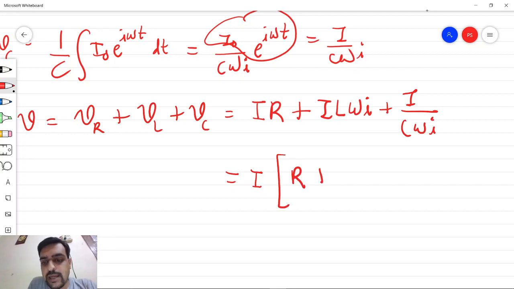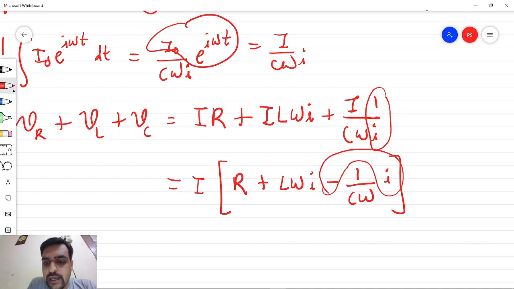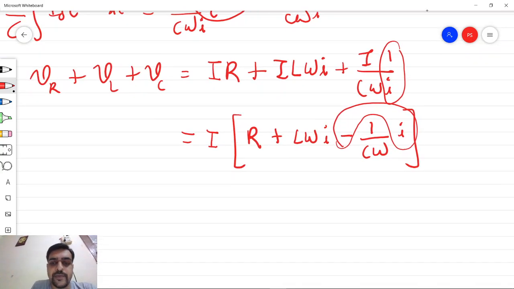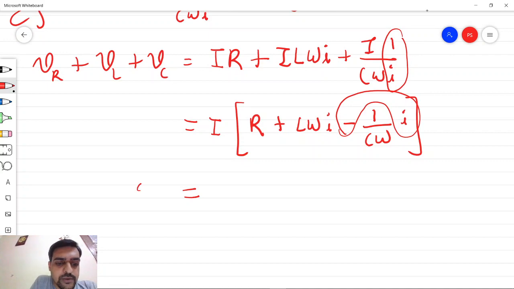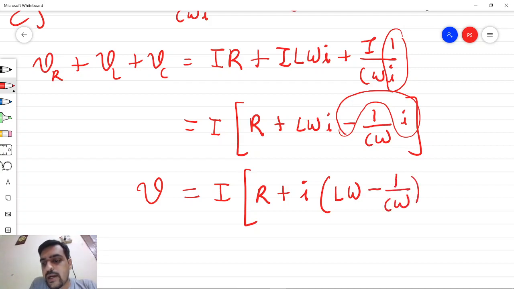Now what remains is R plus L omega I minus 1 by C omega times I. Now here we have replaced this 1 upon I by term minus I, as was done in the previous case. So this is just equal to I times R plus, I can be taken common, L omega minus 1 upon C omega.